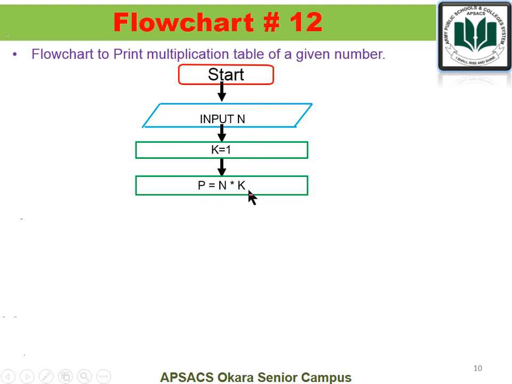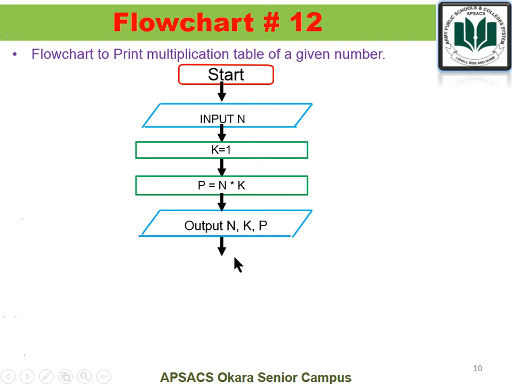Then what will be the next step? 5 multiplied by 2. 5 twos are 10. So the value of k should be 2 in the next step. So I will increment the value of k. For printing the complete table, I have to output n, k, p. n means number, k means the value of k. 5 ones are 5, and in the next step 5 twos are 10.